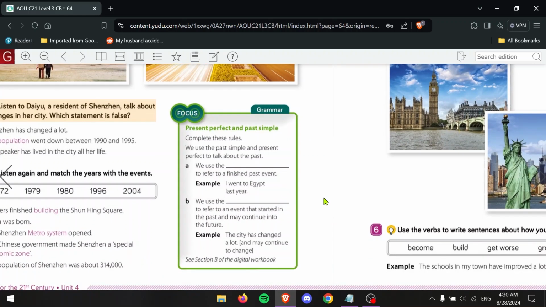For the present perfect, it's a little bit different. We use it to describe actions or even events that have happened at some point in the past. So it happened at some point, but not at a specific point. It doesn't have to be very specific, but it happened in the past. However, most of the time it has to have a connection to the present.